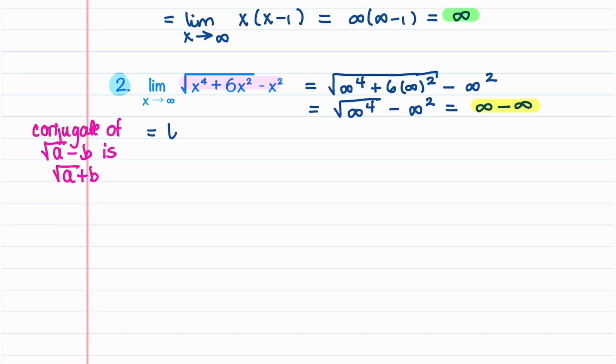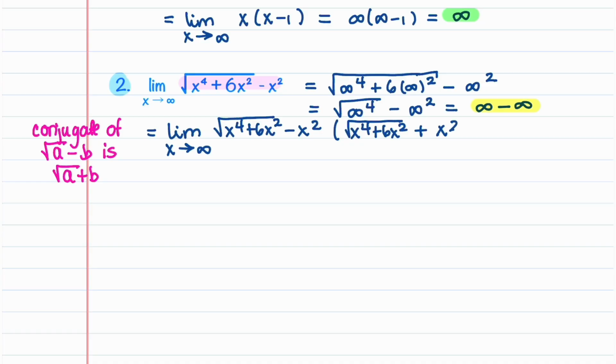This is equal to the limit as x goes to infinity of the square root of x to the fourth plus 6x squared, minus x squared, and we're going to multiply by the conjugate. So we have the square root of x to the fourth plus 6x squared, plus x squared. We're just changing the sign.